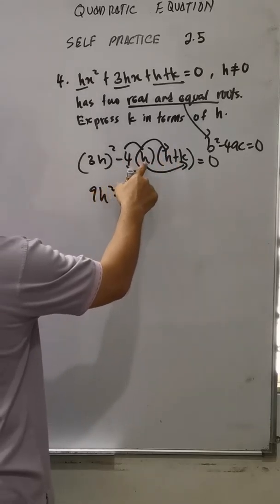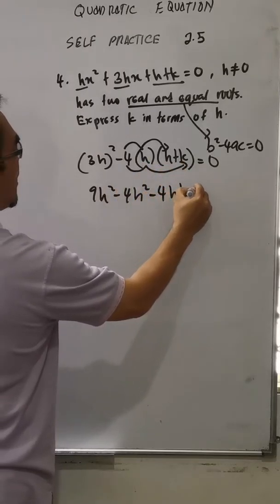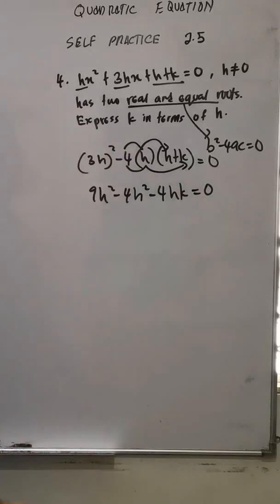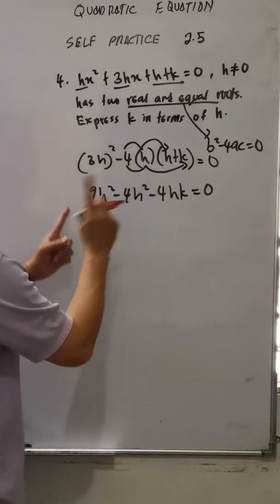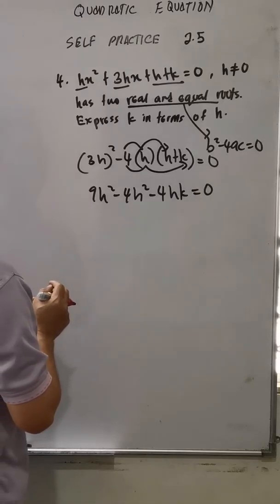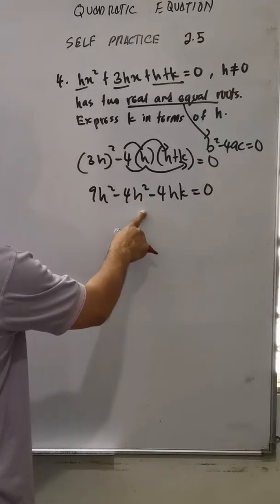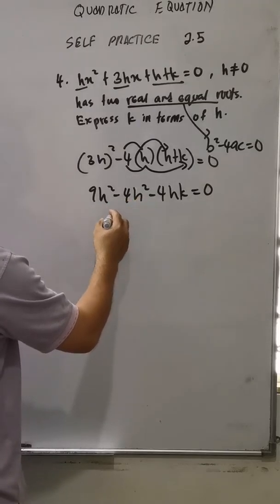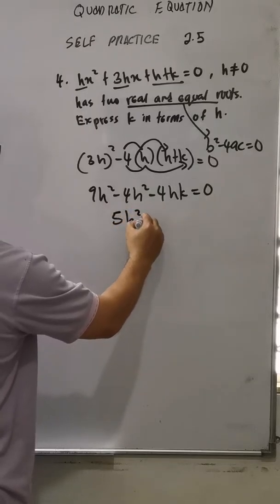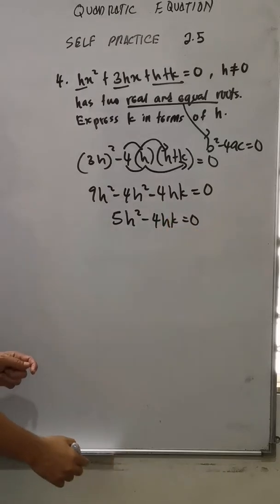Negative 4 times h times k will be negative 4hk equals 0. Express k, so we want k on one side and h on the other side. We can simplify this first, so it becomes 5h squared minus 4hk equals 0.